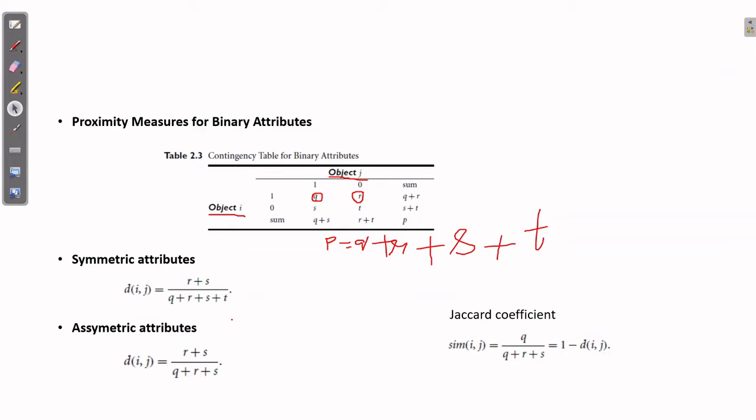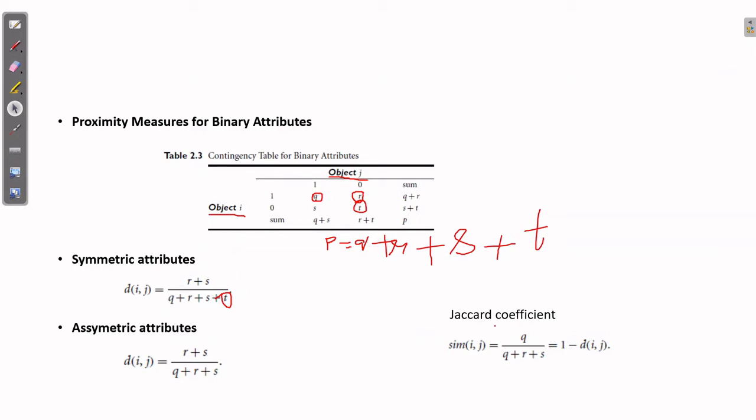It means we don't consider the case where both are 0 that much. So it is the same formula, but in the denominator you don't consider the T value, which represents object I as 0 and object J also 0. Okay. So this is how you calculate distance measures for symmetric and asymmetric attributes.